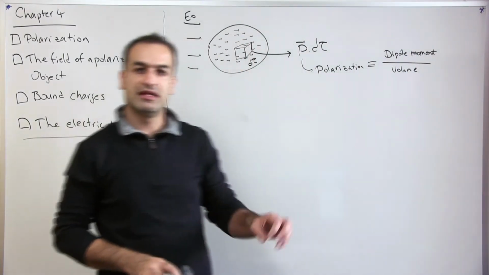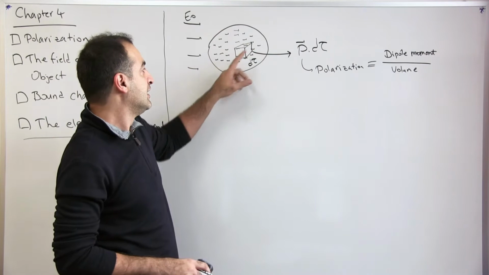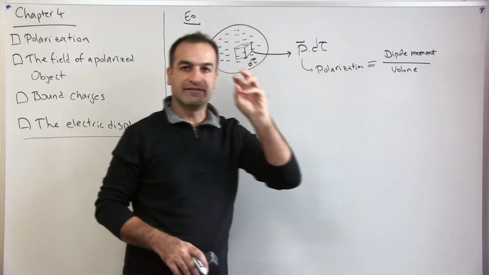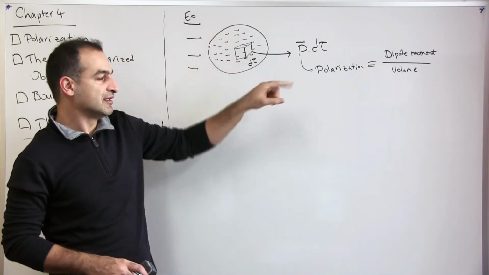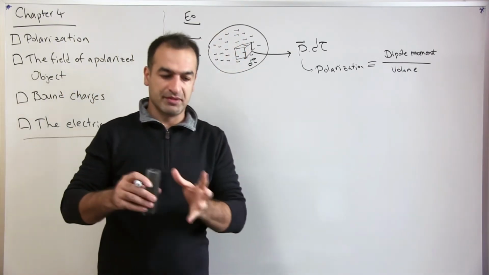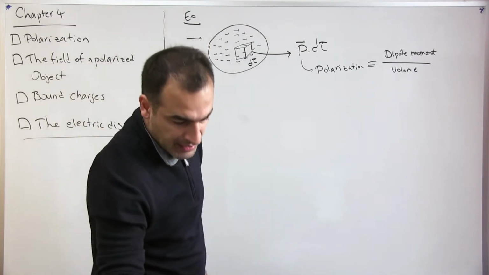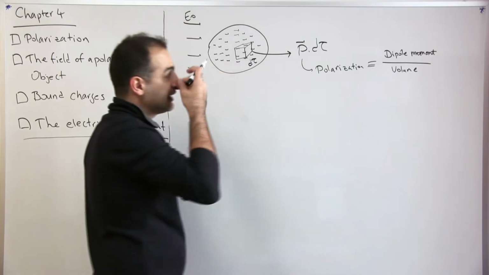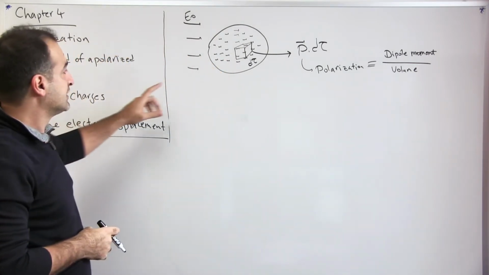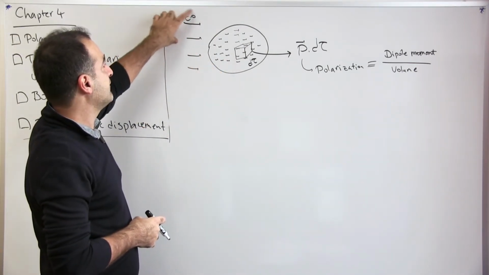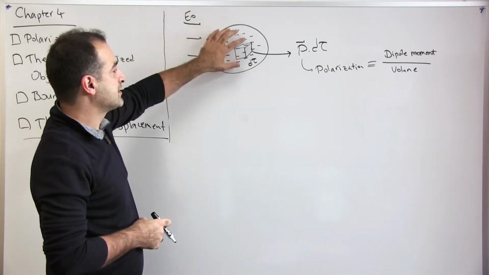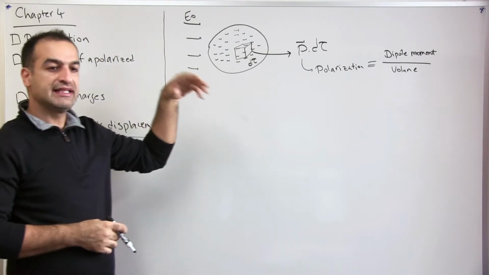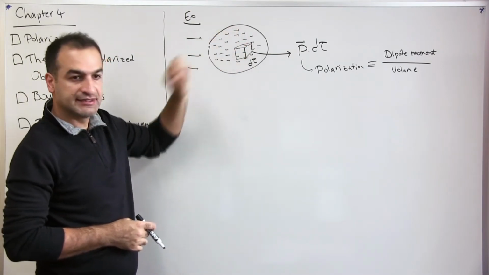So any material, if you put it in an electric field, you will get polarization, and the polarization is defined by the dipole moment of any small volume divided by volume. The next thing we're going to look at in later sections is this: if we have electric field E0, we put the material here, and we get polarization P because of this, then what is the electric field inside that material?